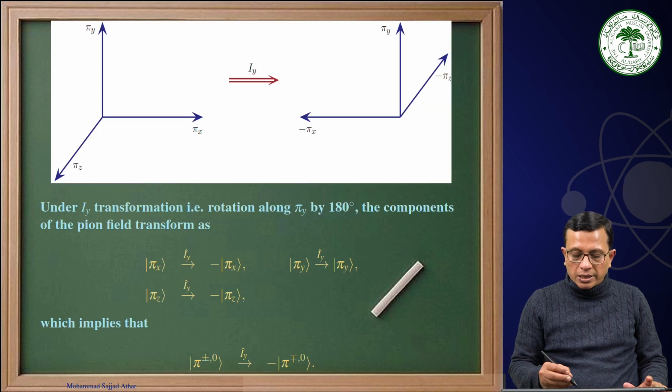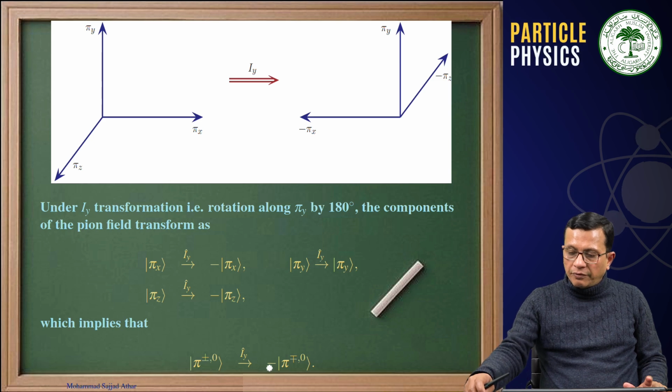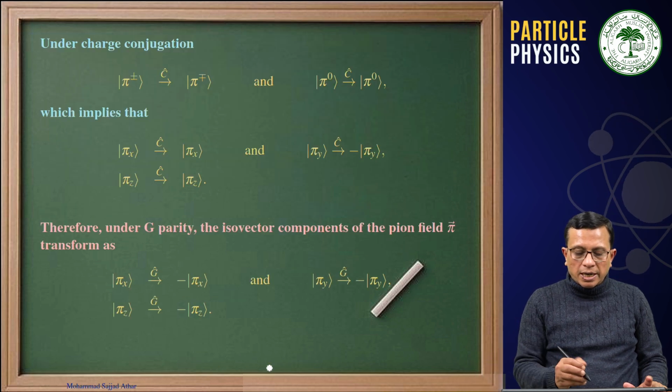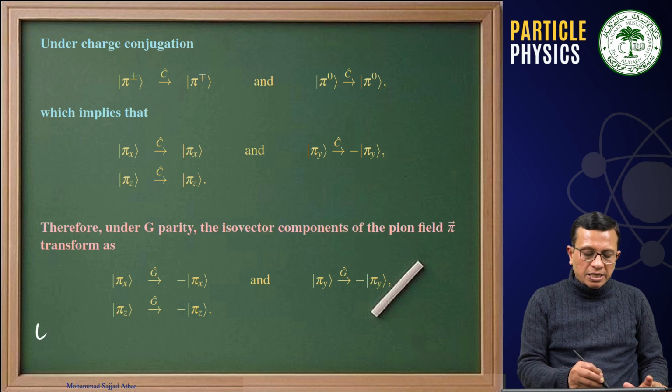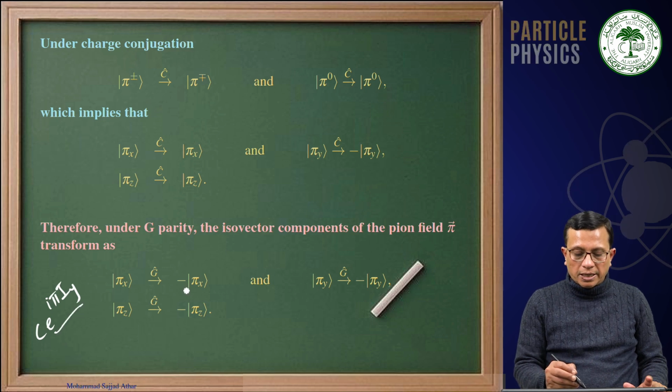While if you take isotopic spin rotation along y-axis, all three of them have minus sign. Therefore, if I put all three together, then what you notice, that under G-parity, which is C times e to the power i pi Iy, for pi x, C does not change sign, but because of this rotation, you have a minus sign.